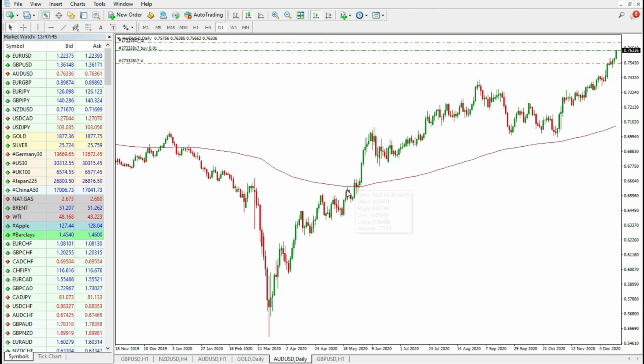And since May of this year, the Aussie dollar has been in a strong rising trend, and we can use that in trading.